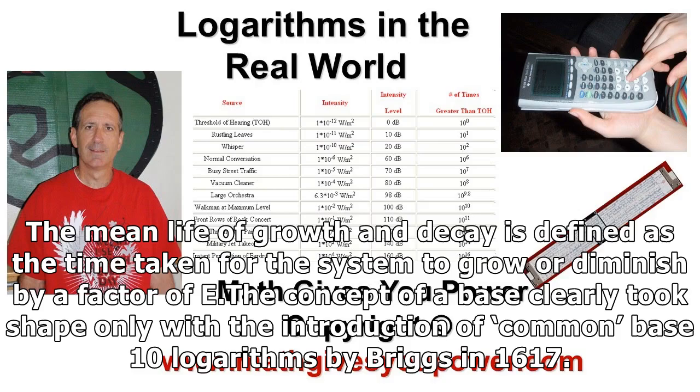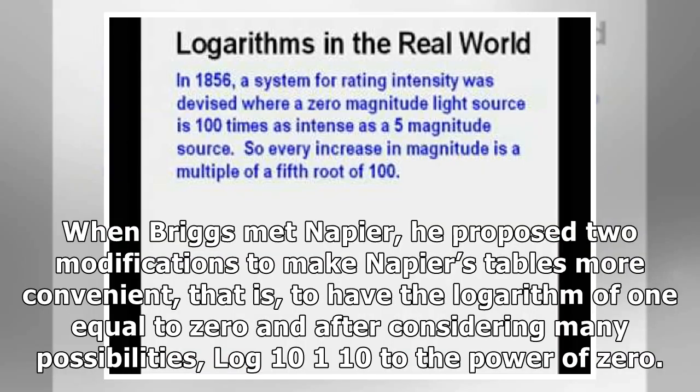The concept of a base clearly took shape only with the introduction of common, base 10 logarithms by Briggs in 1617. When Briggs met Napier, he proposed two modifications to make Napier's tables more convenient, that is, to have the logarithm of 1 equal to 0 and, after considering many possibilities, log 10 to the power of 0.